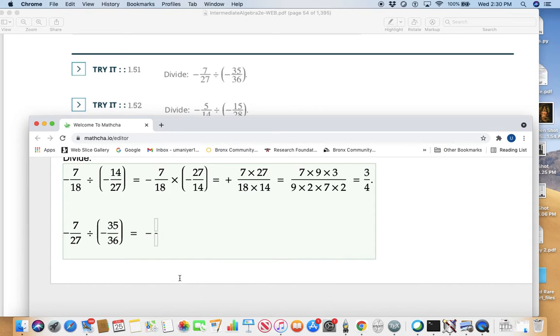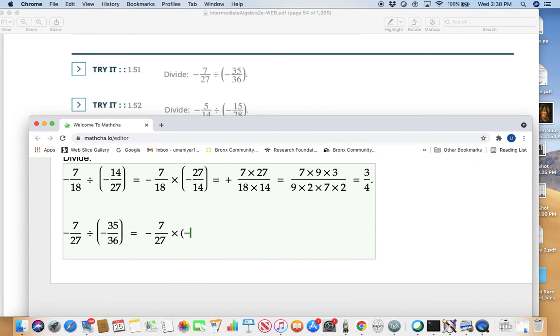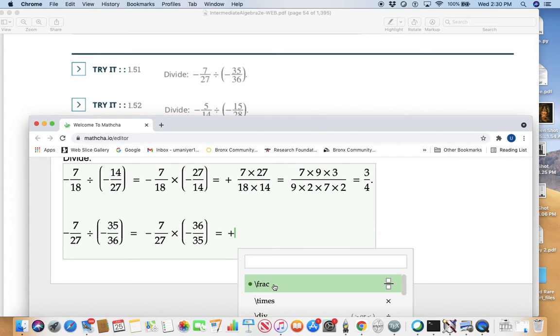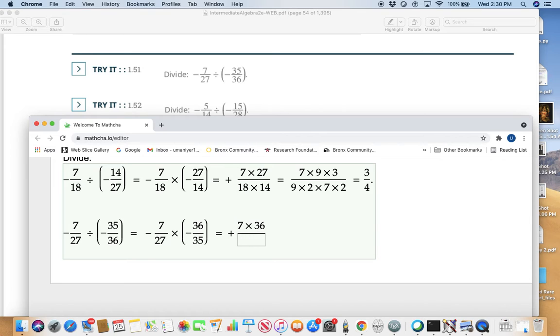The first fraction doesn't change. Okay. It's the second fraction, numerator and denominator get interchanged. Negative times negative is a positive. Now, 7 times 36 upstairs, 27 times 35 downstairs.